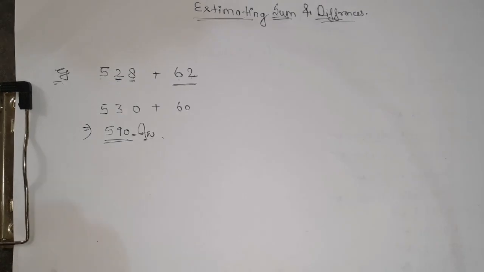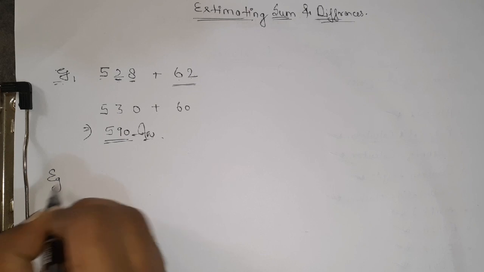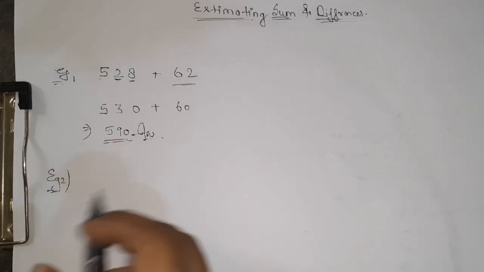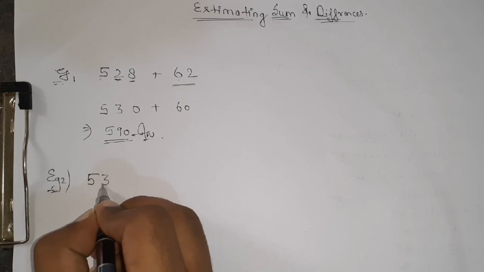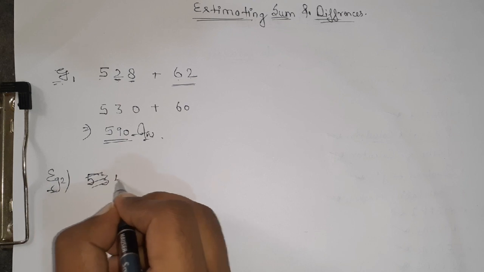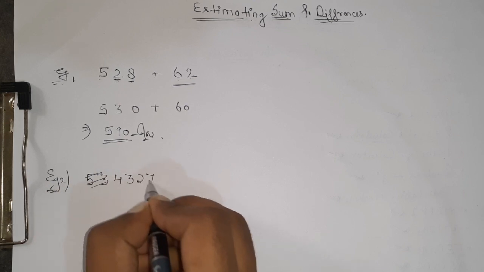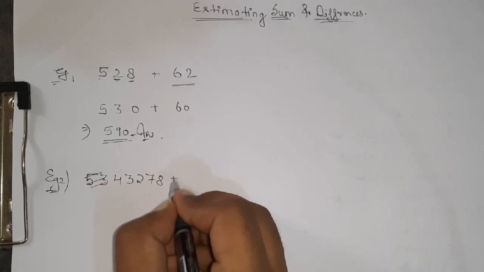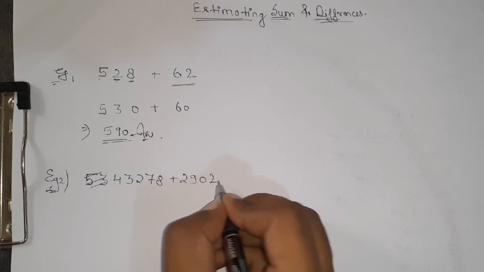Again, let's go through one more example: 43278 plus 2902.